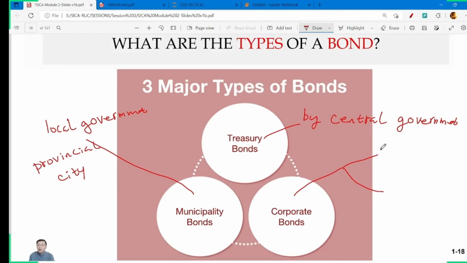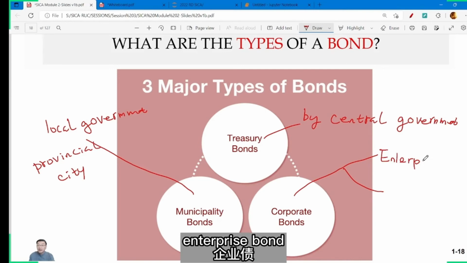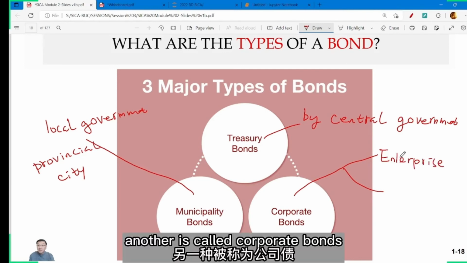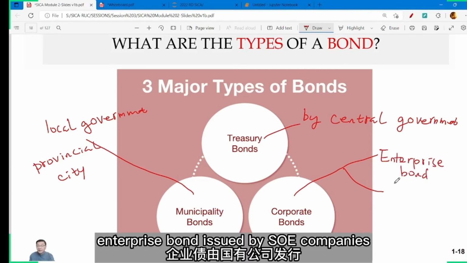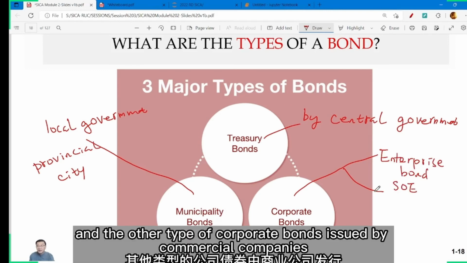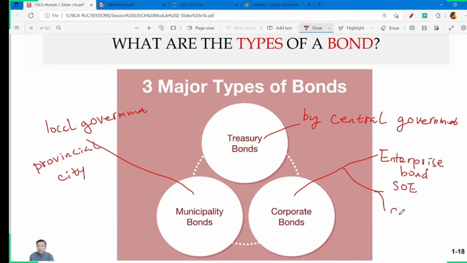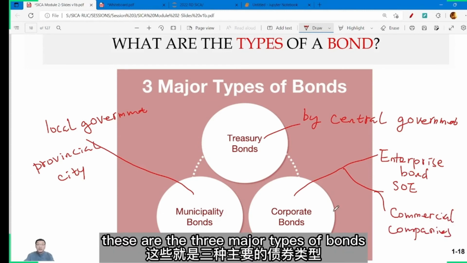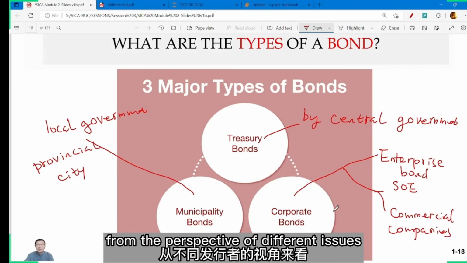One is called enterprise bonds, another is called corporate bonds. Enterprise bonds are issued by SOE companies, and the other type, corporate bonds, are issued by commercial companies. These are the three major types of bonds from the perspective of different issuers.